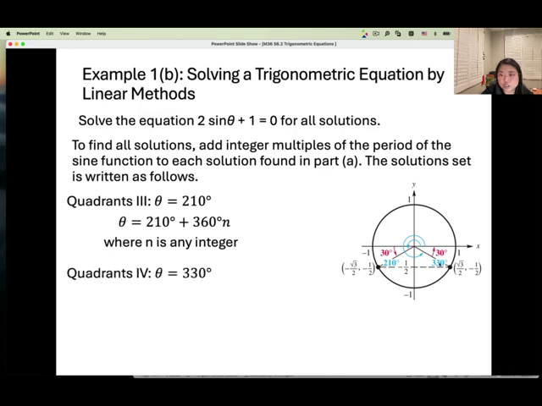Theta equals 330, the first angle, and then we add 360 degrees times n. Here n means you go one more circle, two more circles, three more circles. So this is example 1b.